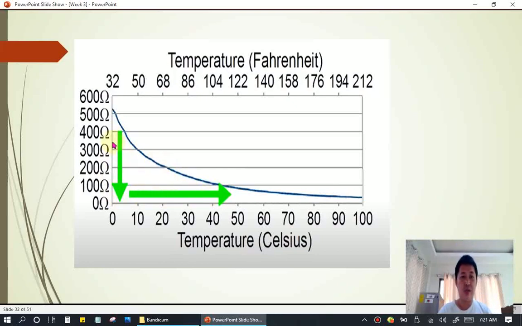Going down to 0 ohms, it decreases the resistance and increases the temperature.